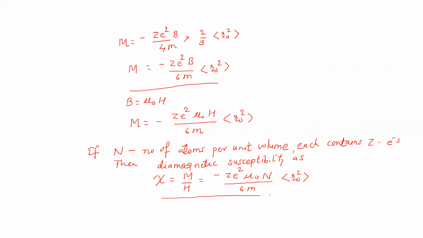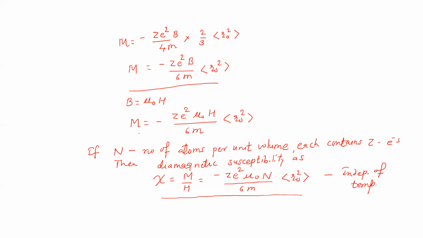So this is the expression for the susceptibility of the diamagnetic material, and this shows that the susceptibility is independent of temperature. So this is the classical Langevin theory of diamagnetic materials or diamagnetism.